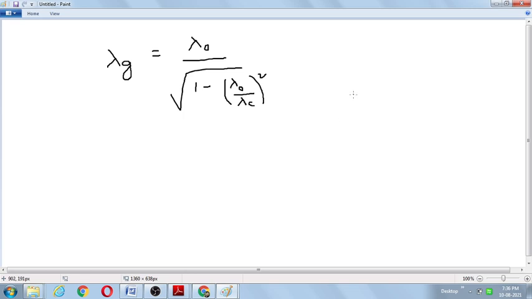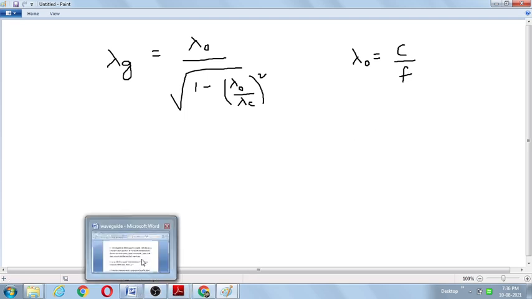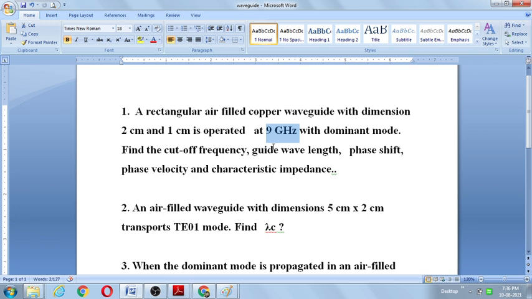So how to calculate lambda naught? Lambda naught is equal to c by f, where f is the operating frequency. In the given problem, it is operated at 9 gigahertz.